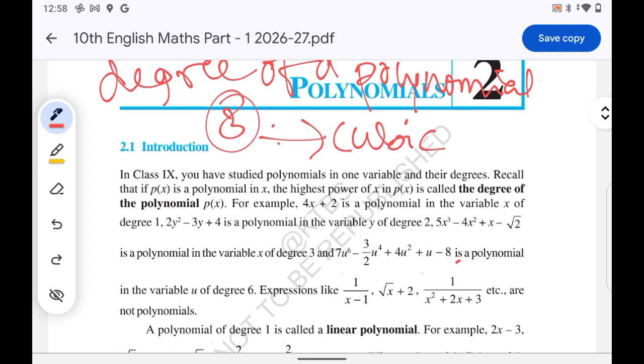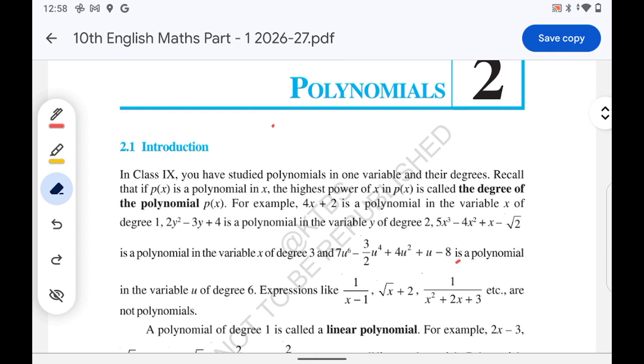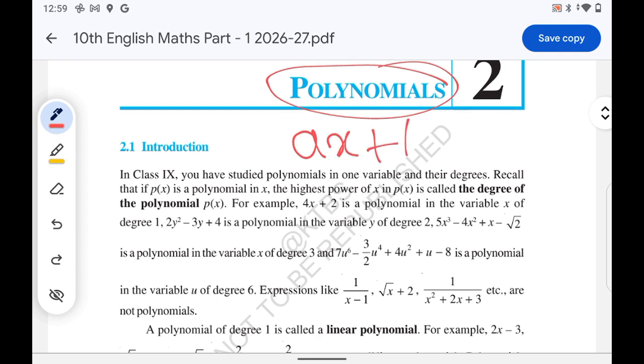So what all we have discussed, okay, we'll have a brief revision now. So polynomial includes constants and variables.